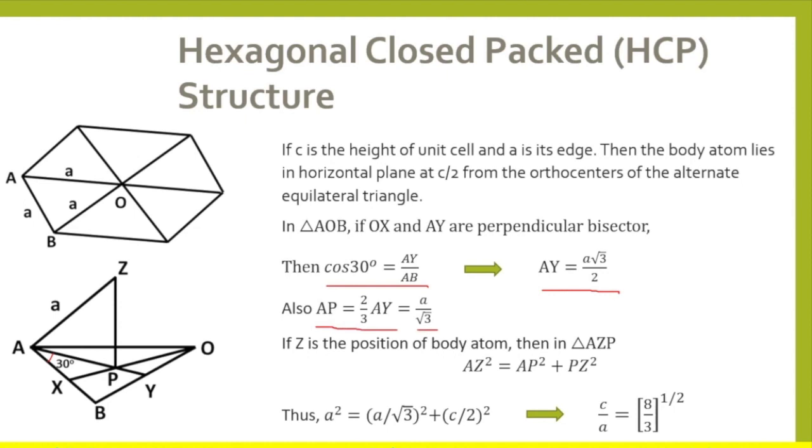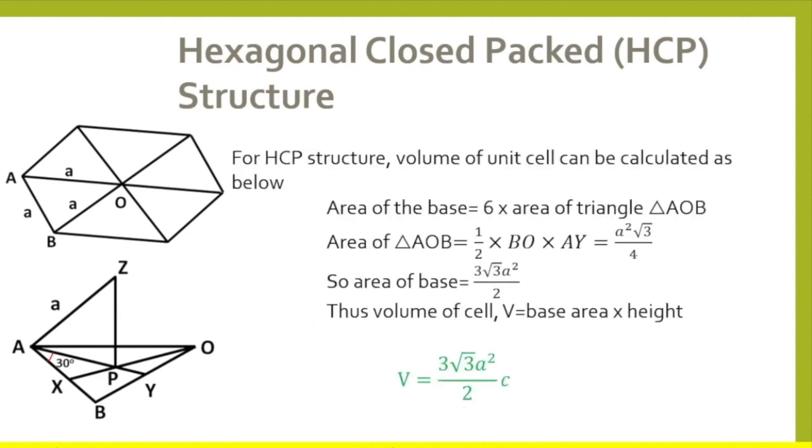So now if Z is the position of the body atom and a perpendicular is drawn from Z on the point P, then from the triangle AZP we will have AZ square is equal to AP square plus PZ square, and putting the values we will get the ratio c by a is equal to under root 8 by 3.